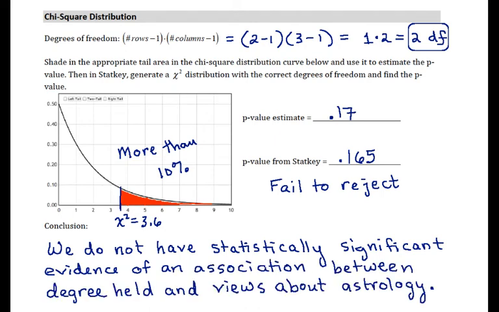So we do not have statistically significant evidence of an association between degree held and views about astrology.